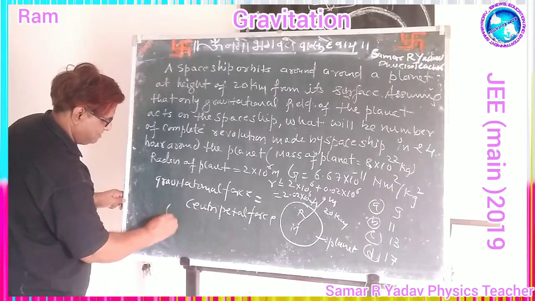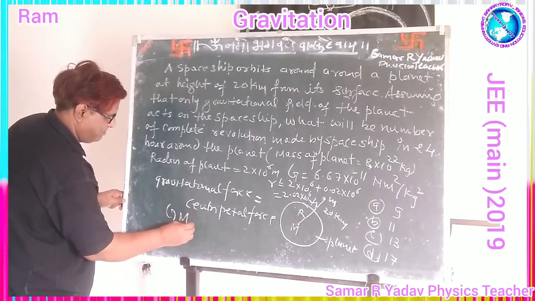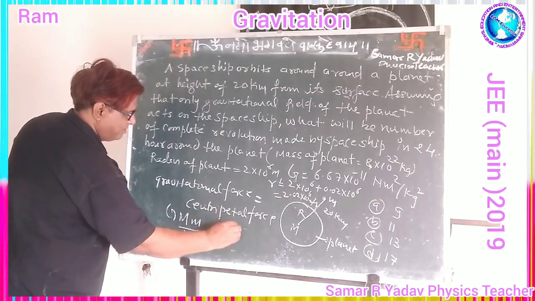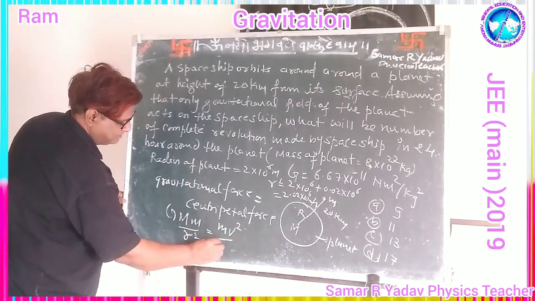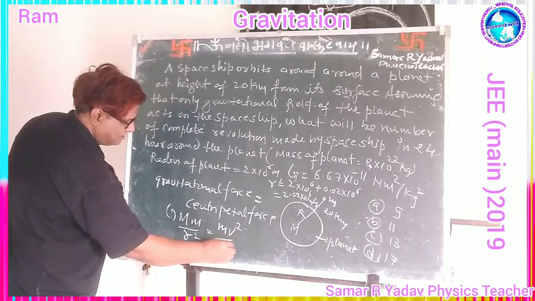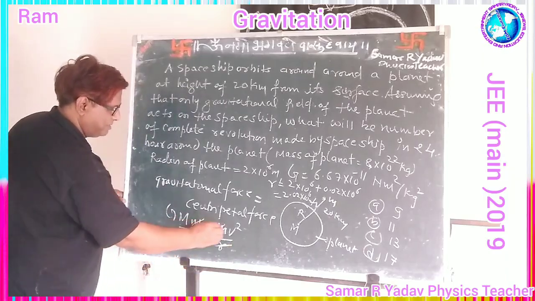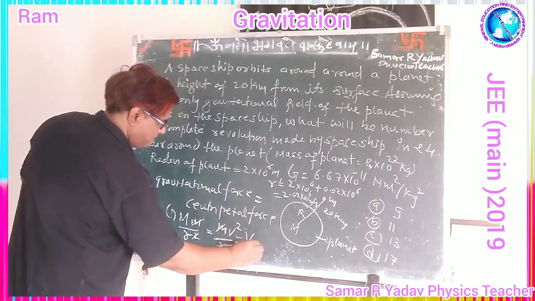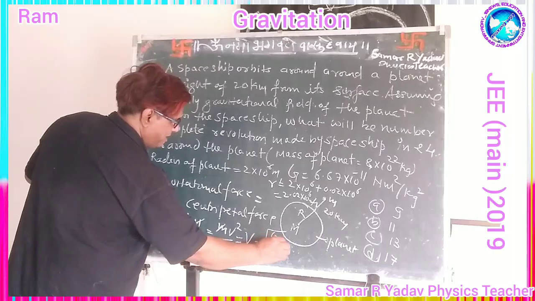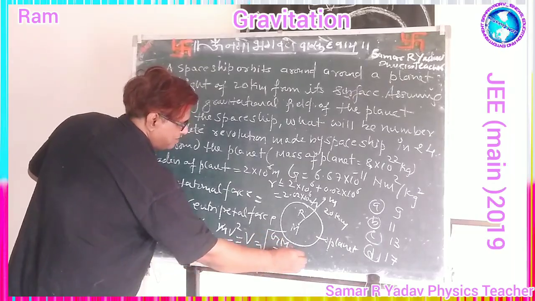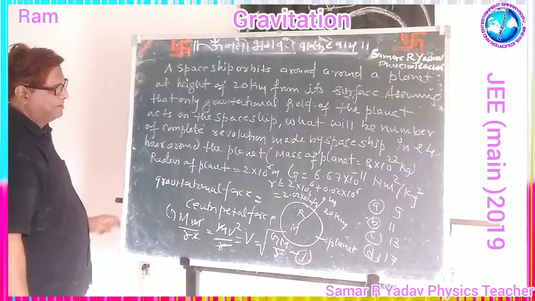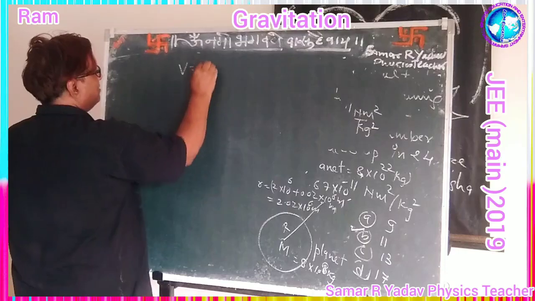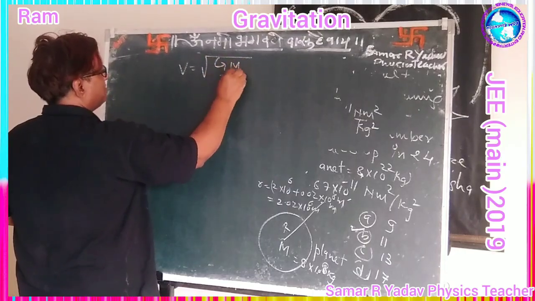Therefore G M m upon R square is equal to m v square upon R. This R will be cancelled, small m will be cancelled, therefore V is equal to under root G capital M upon small r. This is equation number 1.